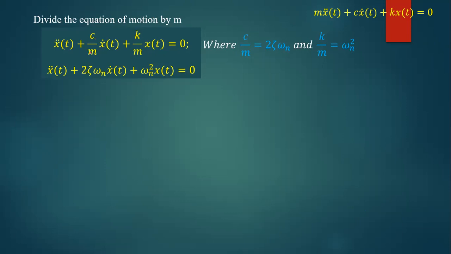Here, c over m is equal to 2 times zeta omega n, and k over m is equal to omega n squared. This omega n is the natural frequency. Zeta is the damping ratio, which is c over Cc, the damping constant c over the critical damping constant Cc.